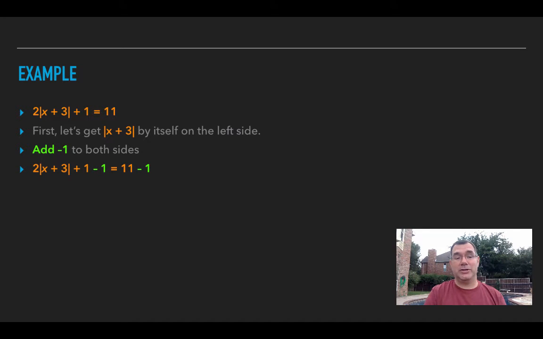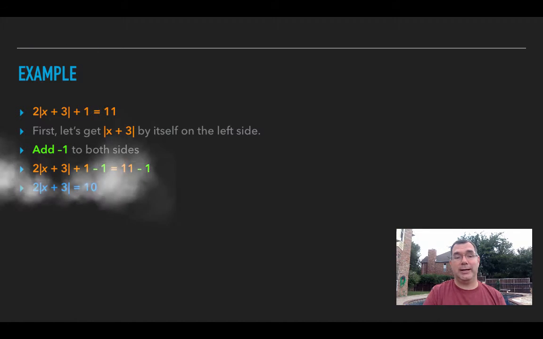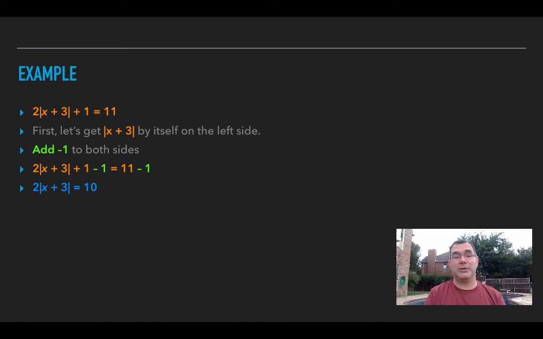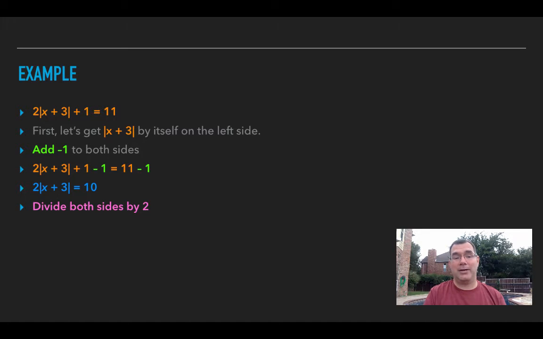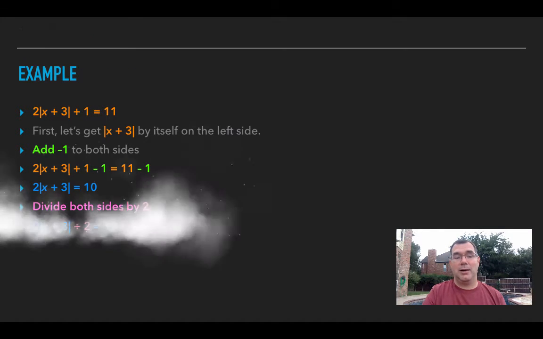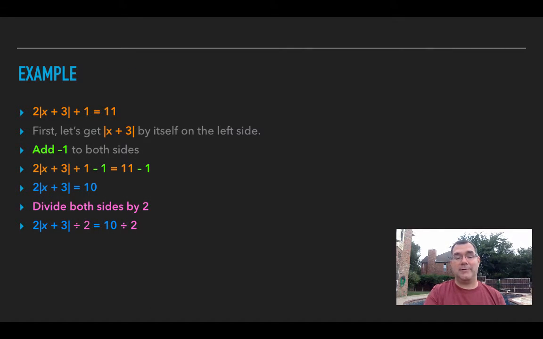So there it is showing up on both sides, that green negative 1, and so the left side is going to be 2 times the absolute value of x plus 3, and the right side is going to be just 10. Now I can divide both sides by 2, and so the left side becomes absolute value of x plus 3, and the right side becomes whatever 10 divided by 2 is, and that is 5.